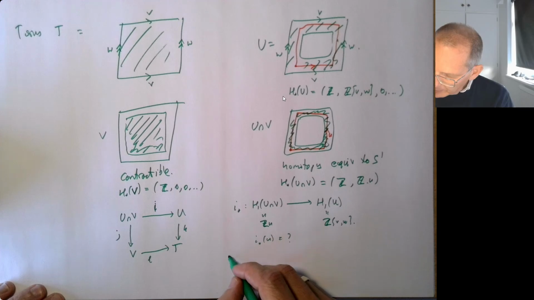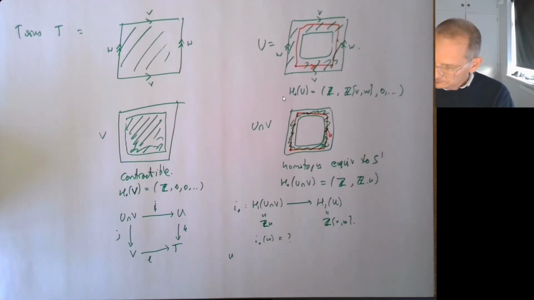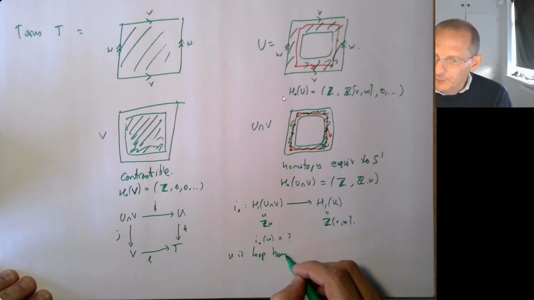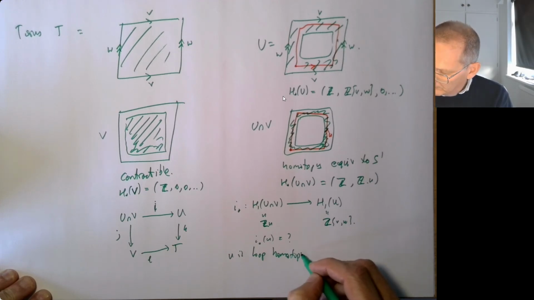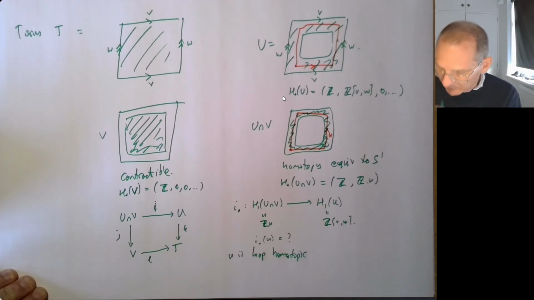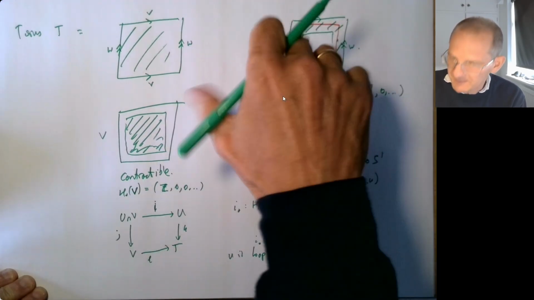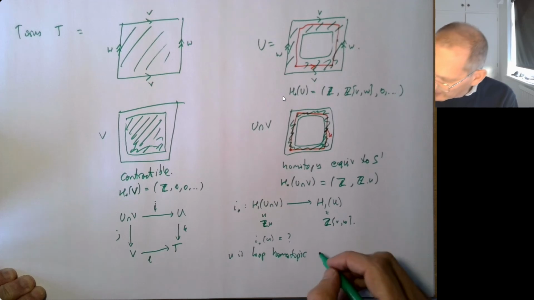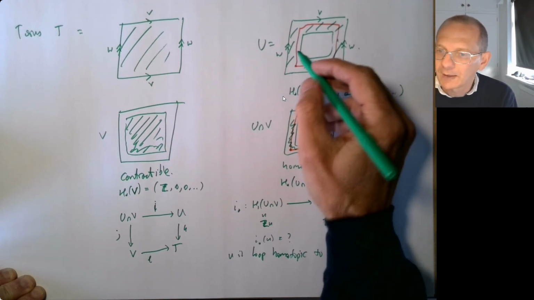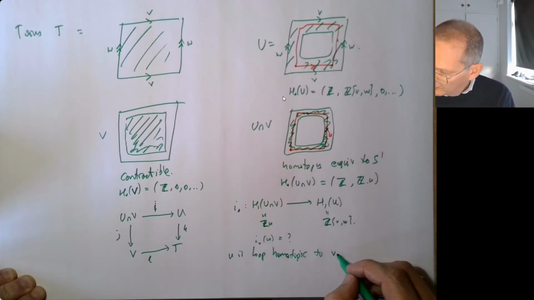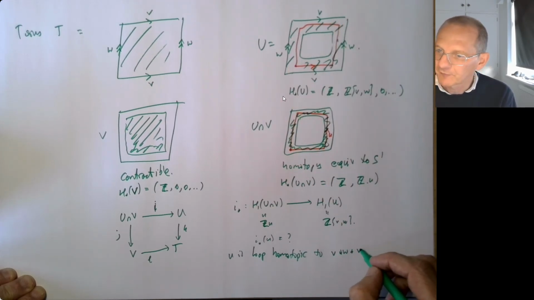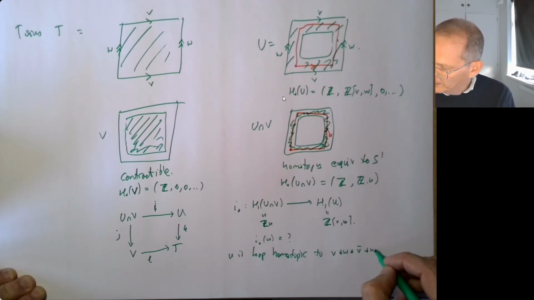So u is loop homotopic, so you could move it by a homotopy that keeps it as a loop the whole time. It doesn't separate the beginning and the end point. V followed by W, followed by V backwards, which we're calling V bar, followed by W bar.